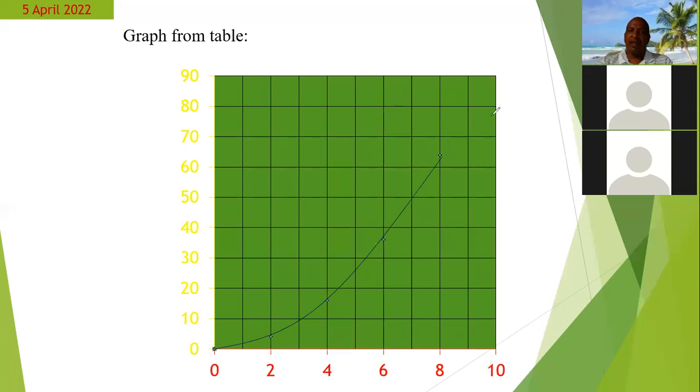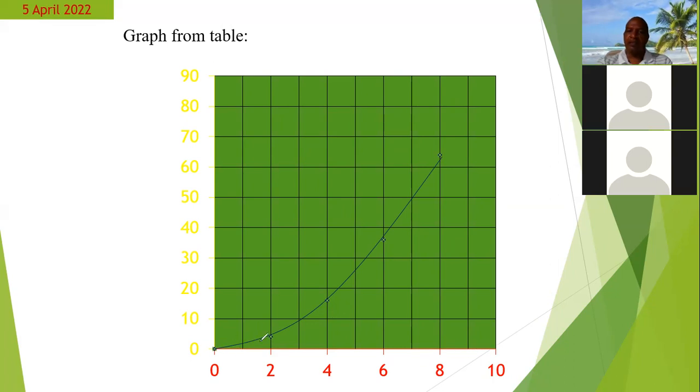Now, if we go back, we can also use this curve in another way. We know that the range of values in the table for the X values goes from 0 to 8. But suppose you want to find values outside the range, so we want to find a value greater than 8.